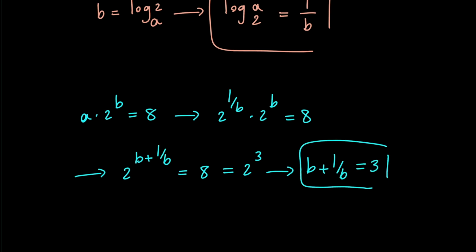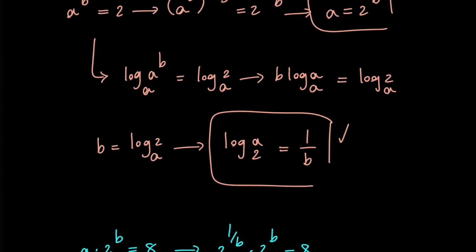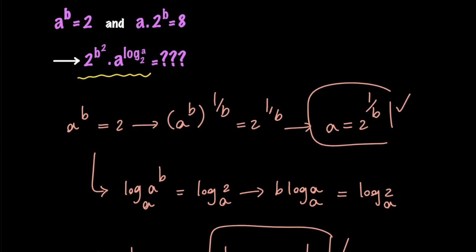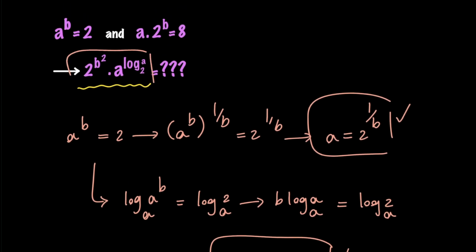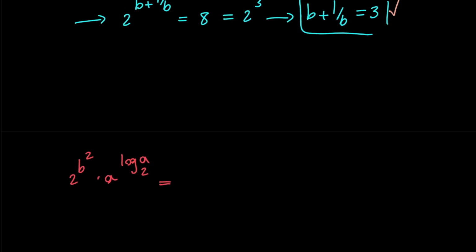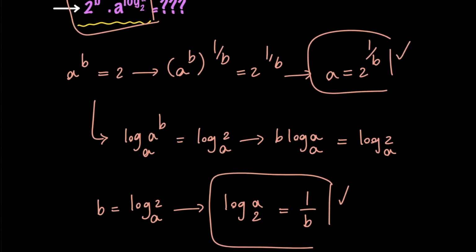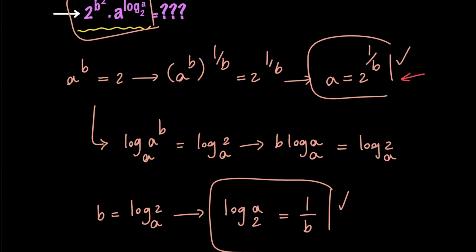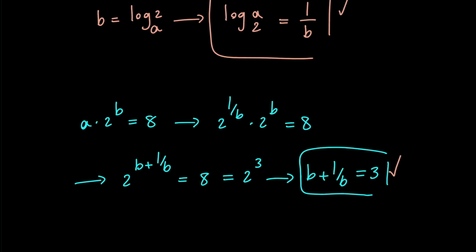Great. Now we're going to use this and this and this to evaluate this expression. So we are supposed to evaluate 2 to the power of b squared times a to the power of log a with base 2. Now remember that we found out that a is equal to 2 to the power of 1 over b.